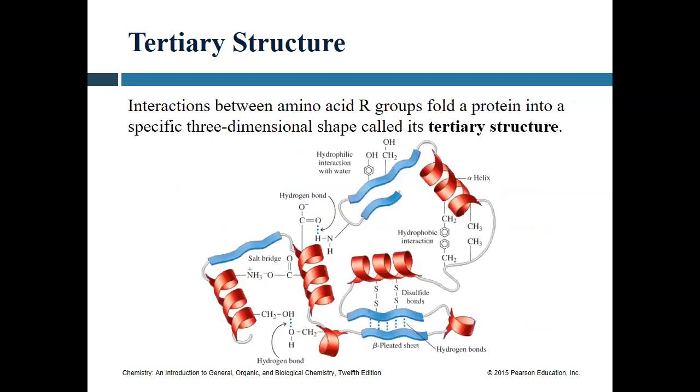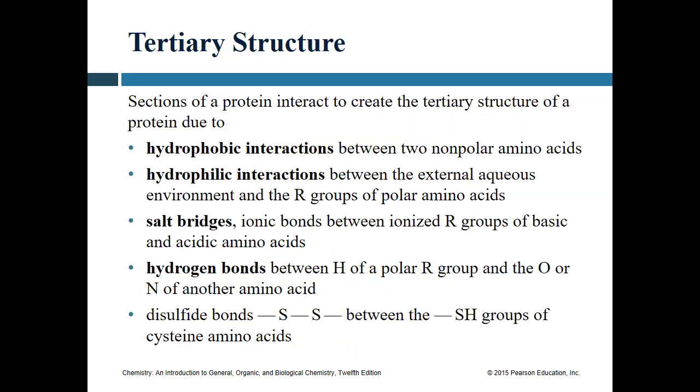Salt bridges, where we had ions of different charges getting close enough to each other that they form an ionic bond. Hydrogen bonding, seen this all the way through. Secondary and tertiary structures both involve hydrogen bonding. And then disulfide bonds, where we see the sulfurs in that cysteine amino acid linking up with each other.